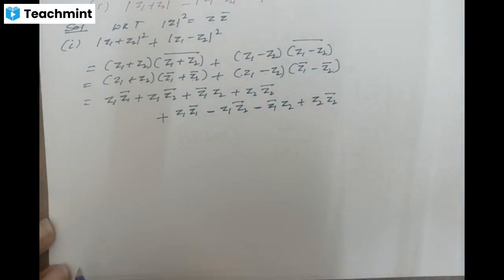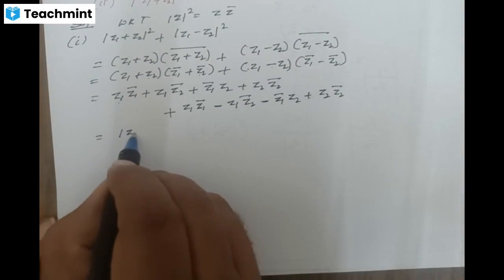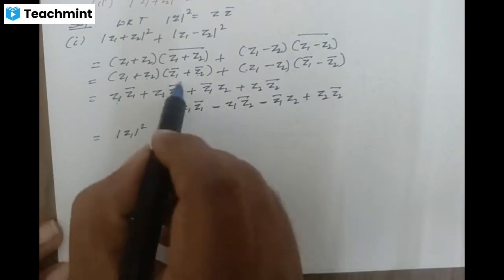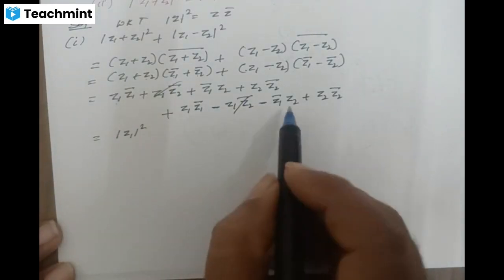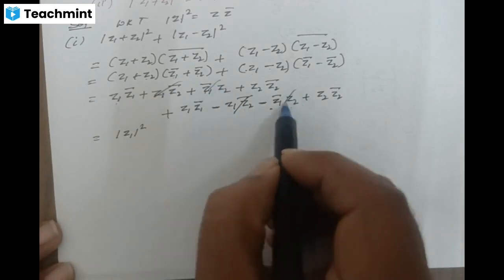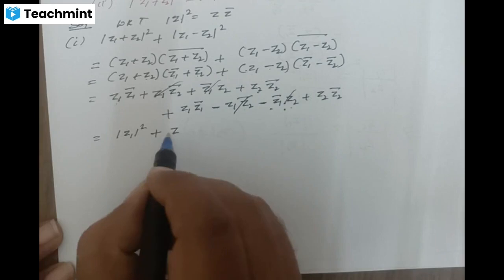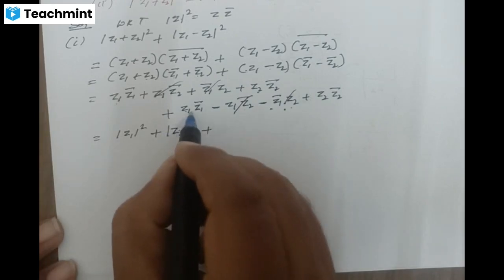Now Z1 Z1 bar we can write as mod Z1 whole square. Z1 Z2 bar plus and minus get cancelled. Similarly Z1 bar into Z2, these two get cancelled. Z2 into Z2 bar we can write as mod Z2 whole square.